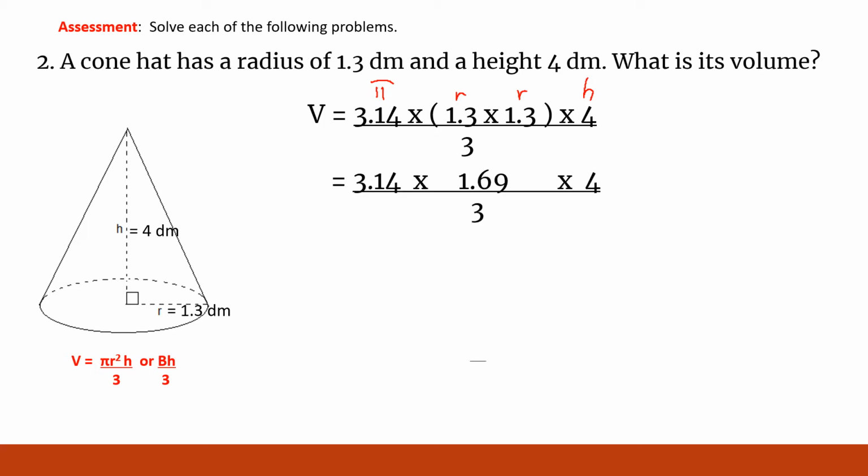Next, we have 3.14 times 1.69 times 4. Kasi 1.3 times 1.3 is 1.69. Then copy times 4 all over 3. Next, we have 5.3066 times 4 all over 3 because 3.14 times 1.69 is 5.3066.